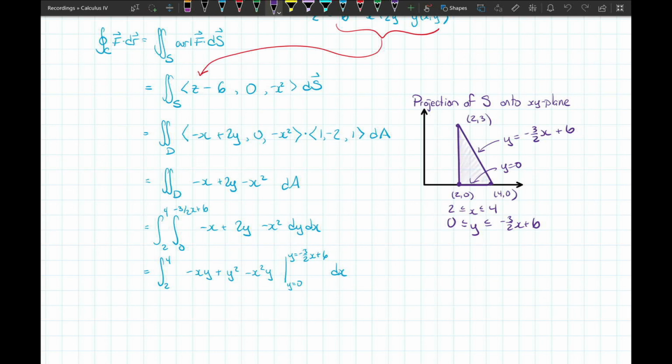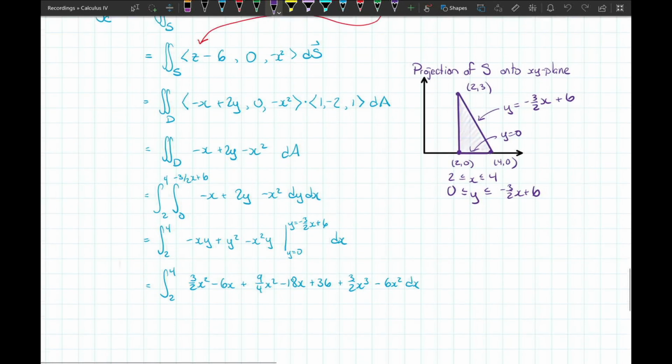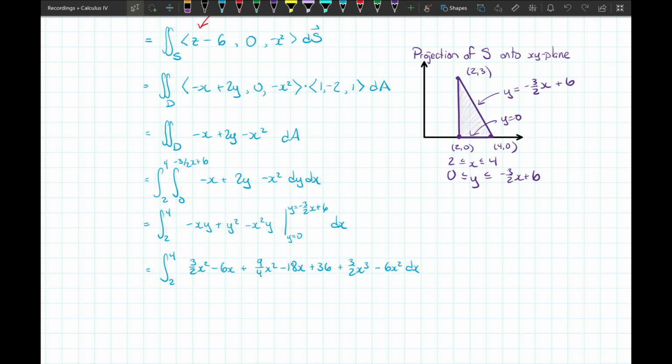One of the endpoints of this interval is y equals 0, so we just need to plug in y equals -3/2 x plus 6 and expand this out. Of course, it's going to cause a little bit of a mess, so let's try collecting some terms here, and hopefully it's not terrible. Once we have collected terms, we have 3/2 x cubed minus 9/4 x squared minus 24x plus 36.